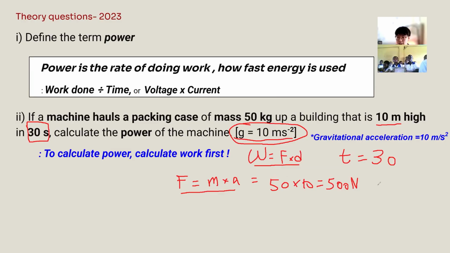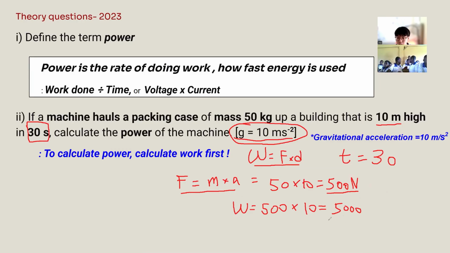Okay, do you guys think you can solve the problem now? We have force equals 500. Work is force times distance. I'll help you out a little more: 500 times 10, which is the distance, 5,000.